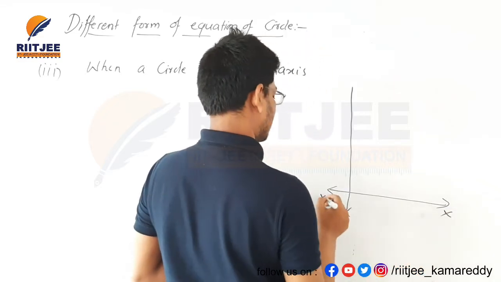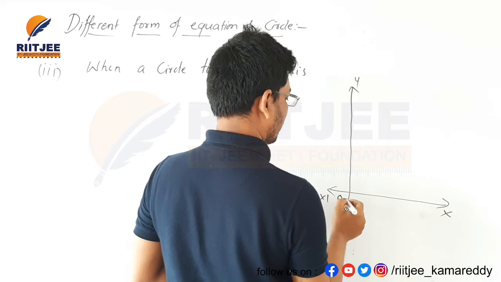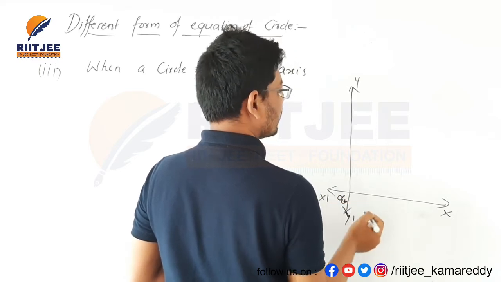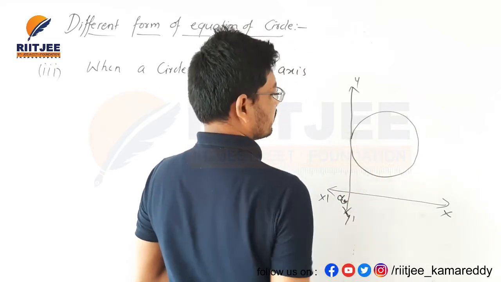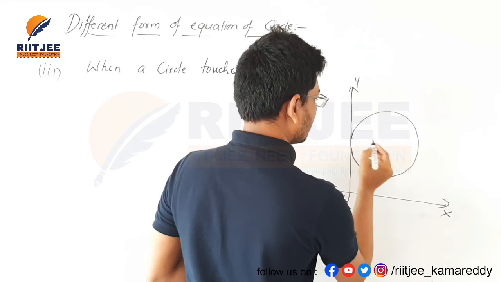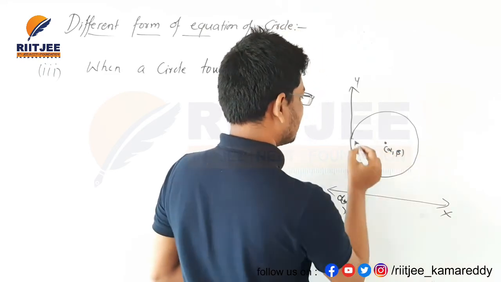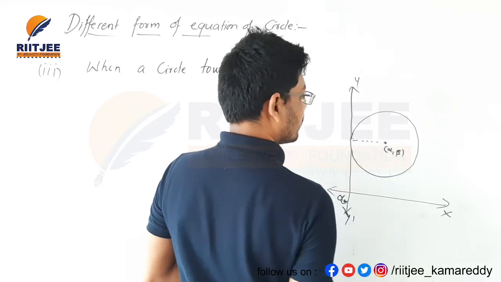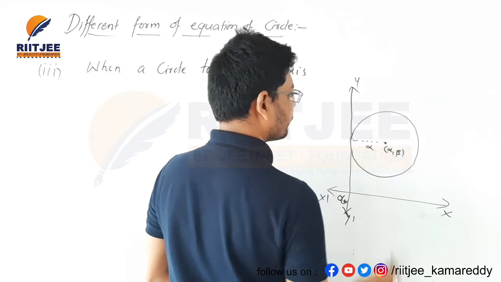This is x dash, y dash. This is the origin 0 comma 0. When a circle touches the y-axis, the center is called alpha comma beta, and the distance to the y-axis is alpha.